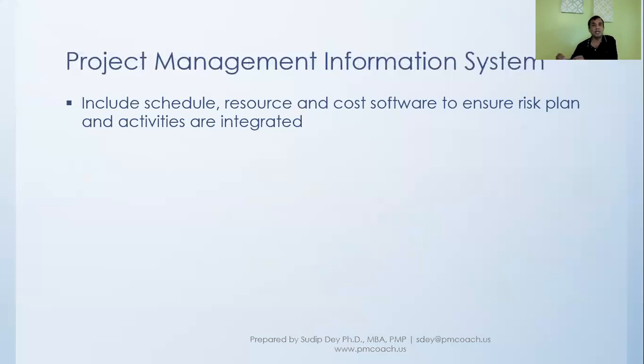For example, if it gets delayed, what other effect is there? So we can expect to understand the total integrated picture when we use the project management information system, which is not necessarily one system, but maybe different systems put together that are used during project management.